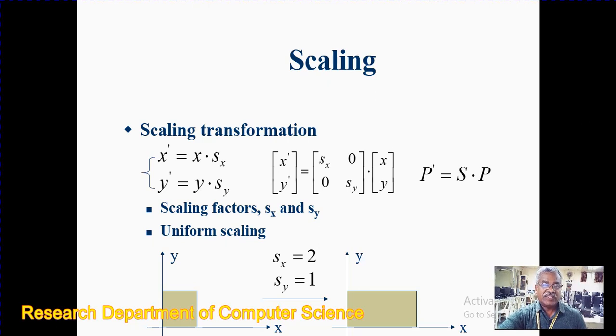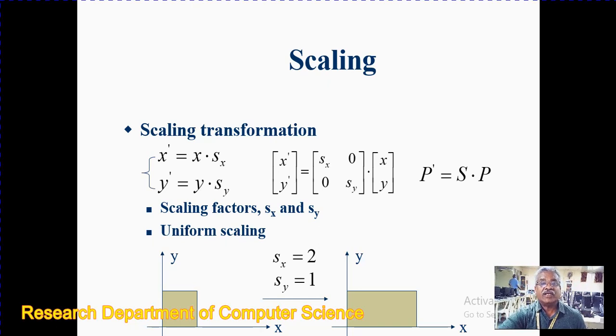Either the picture will have uniform directions, x and y, in a square format, or, when you want to make a rectangle, we have to double it in the x direction or double it in the y direction. That means the entire picture is made 2 times bigger, or 2 times bigger in the x direction, or 2 times bigger in the y direction. That can be represented by mentioning the scaling factors sx and sy, which will be multiplied properly with the coordinates.